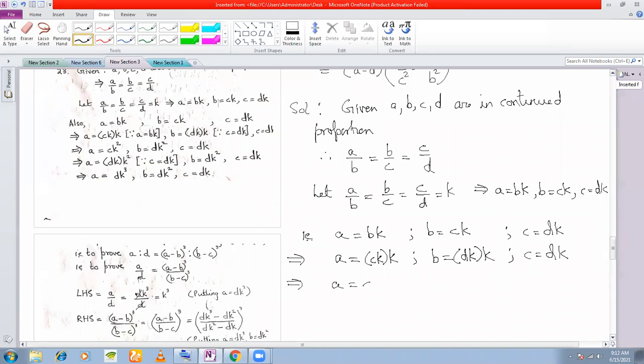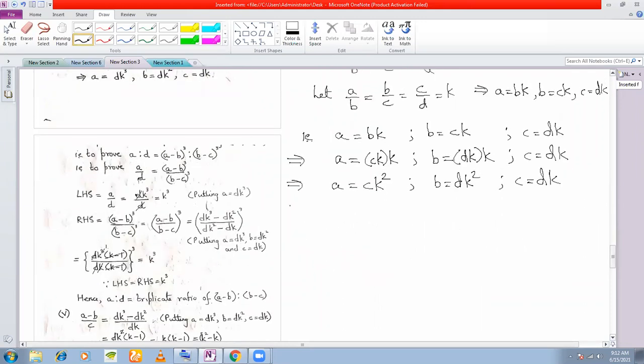Next you get A is equal to CK square. B is equal to DK square. And C is equal to DK. And now C is DK. So you put it here, because we want A in terms of D. So A is DK into K square.